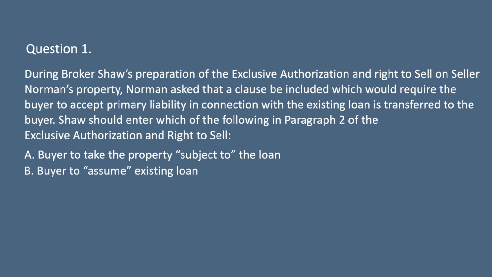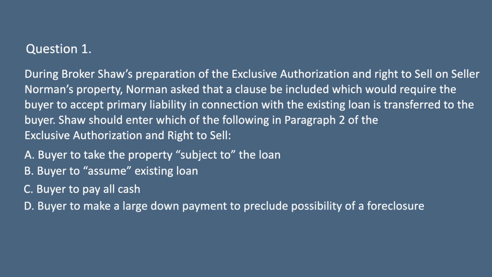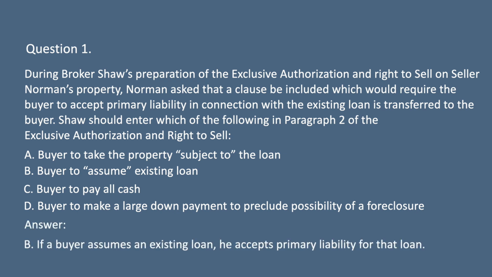B. Buyer to assume existing loan. C. Buyer to pay all cash. D. Buyer to make a large down payment to preclude possibility of a foreclosure. Answer. B. If a buyer assumes an existing loan, he accepts primary liability for that loan.